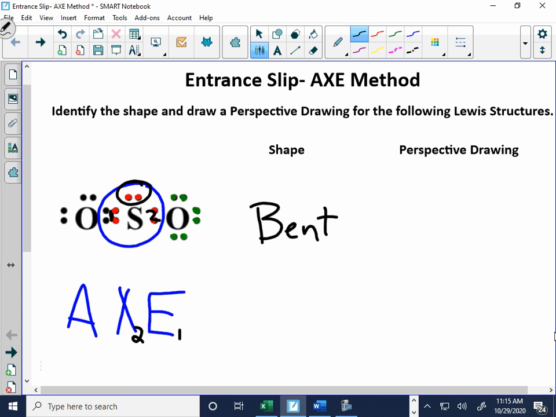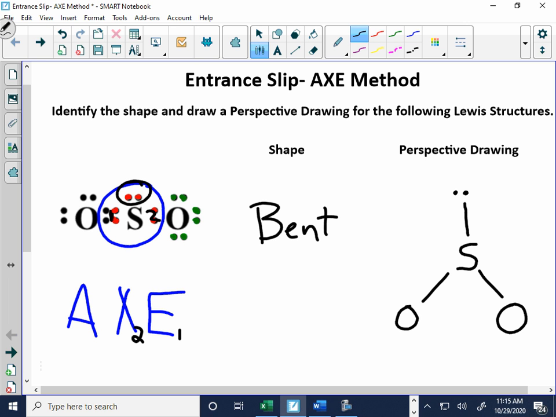And when I do that, it shows me that my central atom is going to be S. On the same plane, I have my unshared pair, and then I have my 2 shared pair.